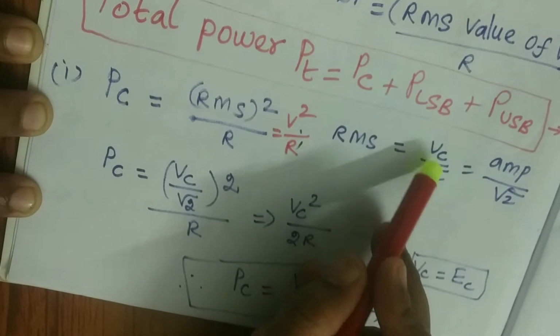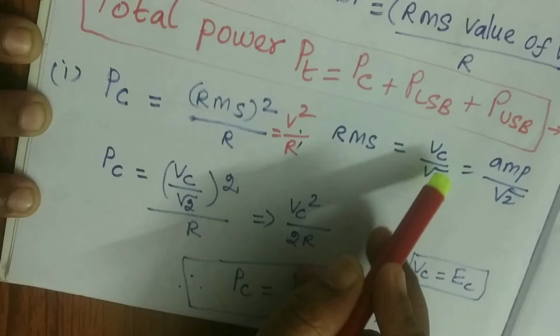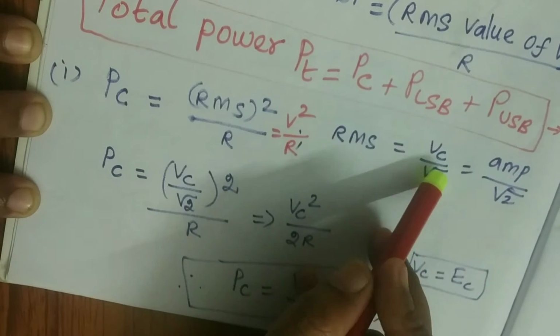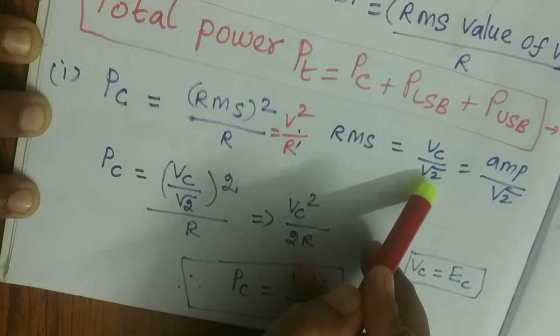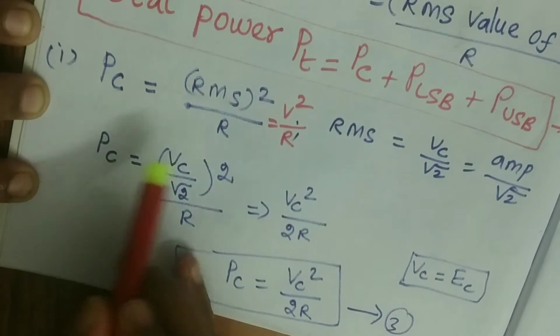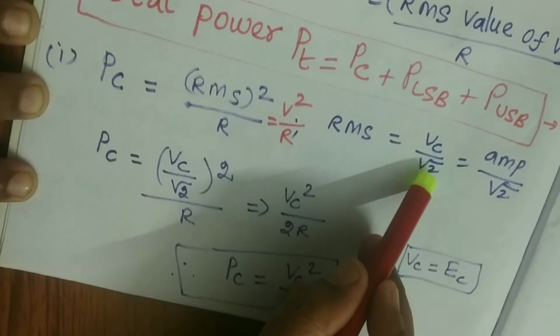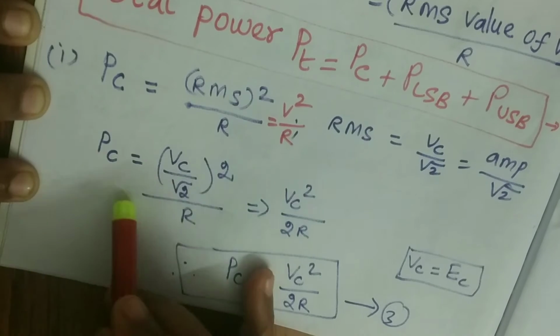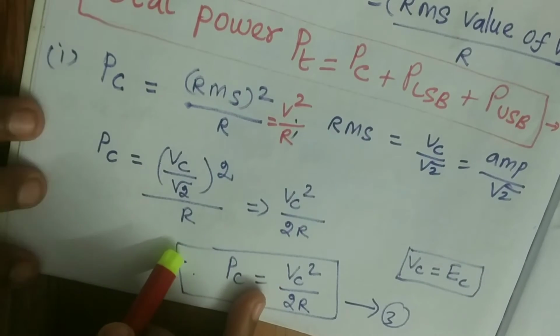It's nothing but VC by root 2. So we substitute VC by root 2: PC is equal to VC by root 2, the whole squared, divided by R.